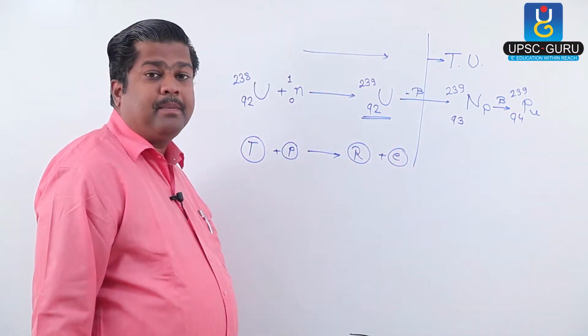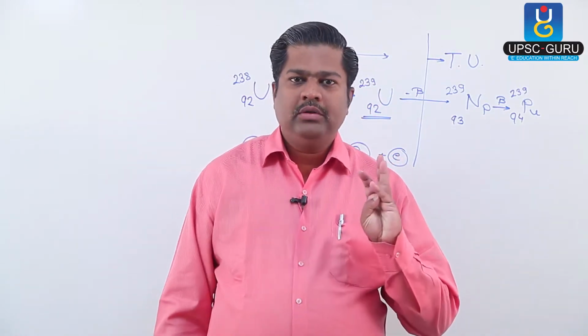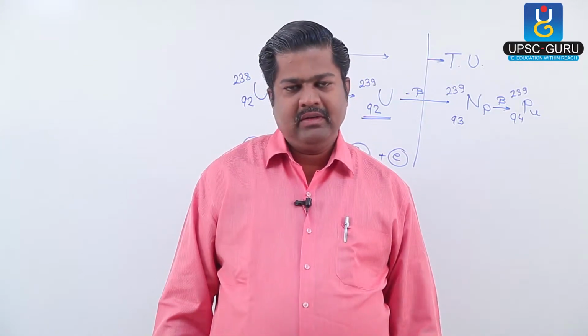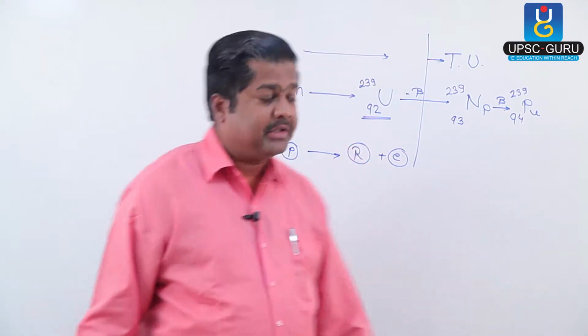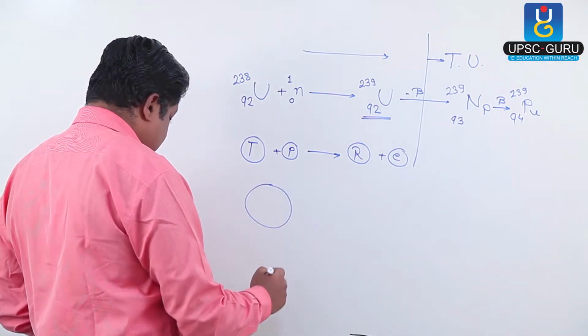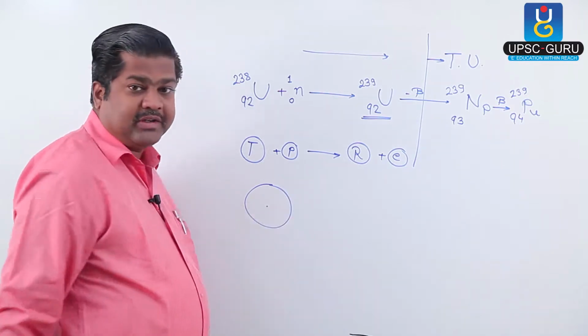Suppose I have to bombard a projectile, then projectiles are proton, deuteron, alpha particles. All possess positive charge, whereas the nucleus of an atom, say this is the atom, this is the nucleus, is also positively charged.